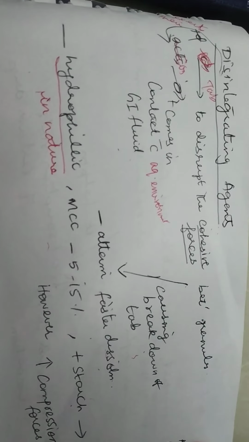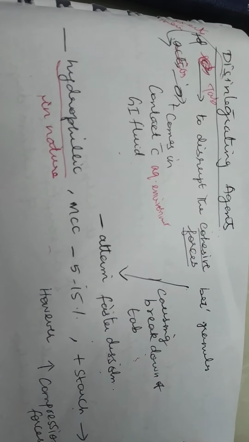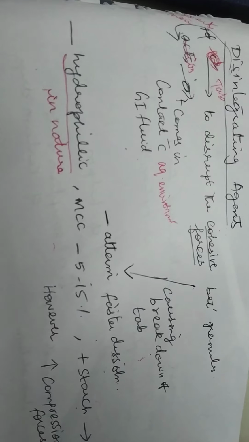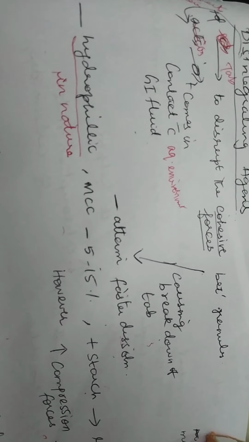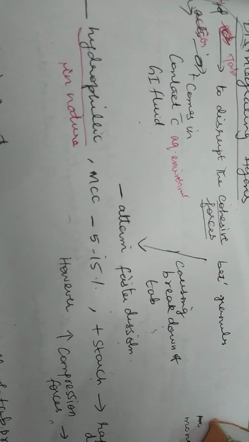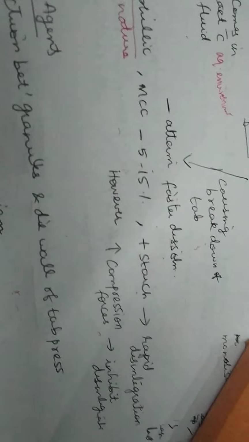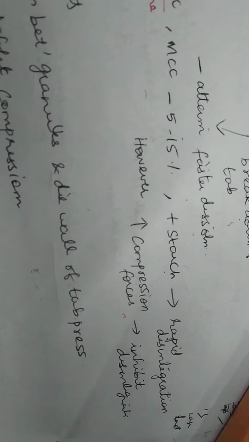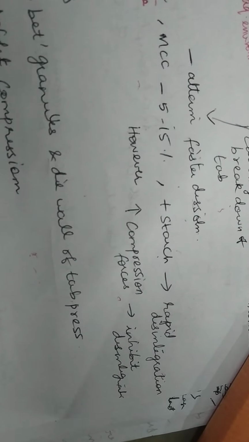Usually the disintegrating agents are hydrophilic in nature. For example, microcrystalline cellulose is used in the range between 5 to 15%. They are used along with starch for rapid disintegration.